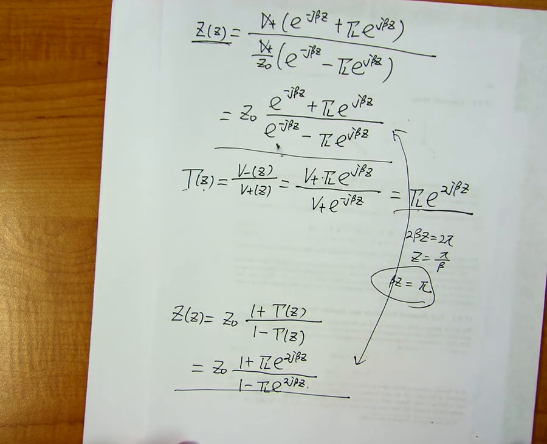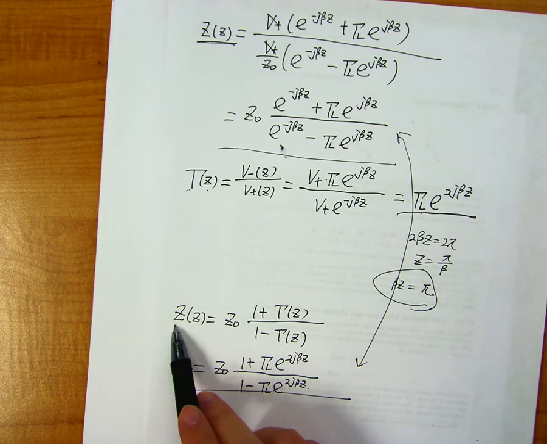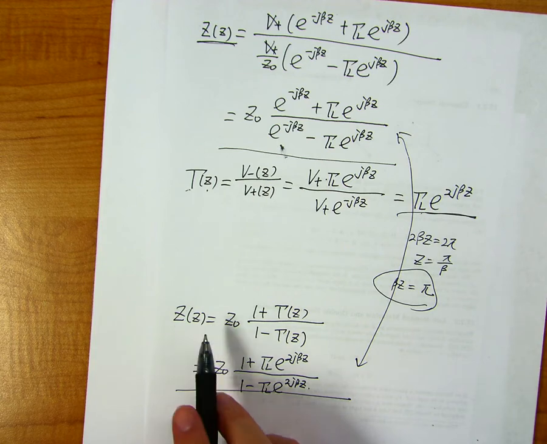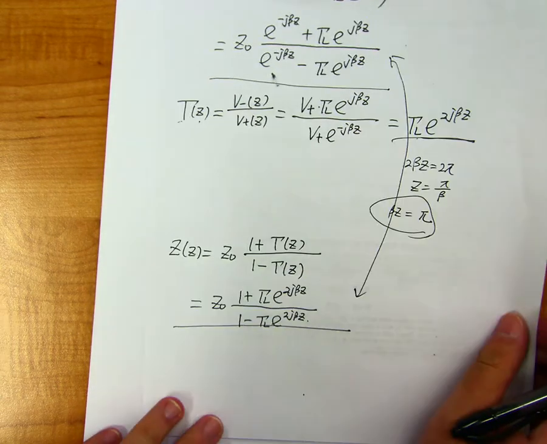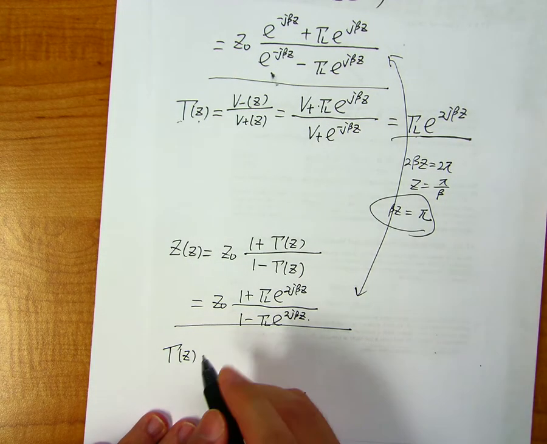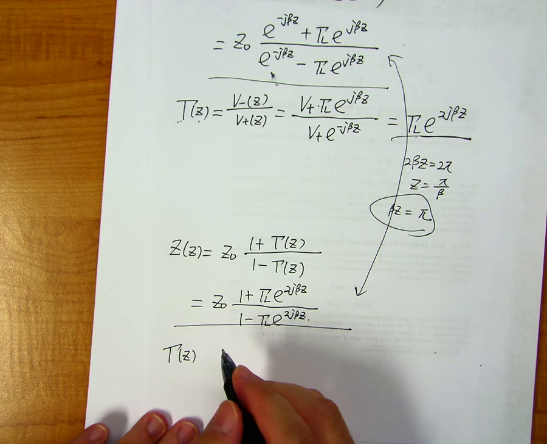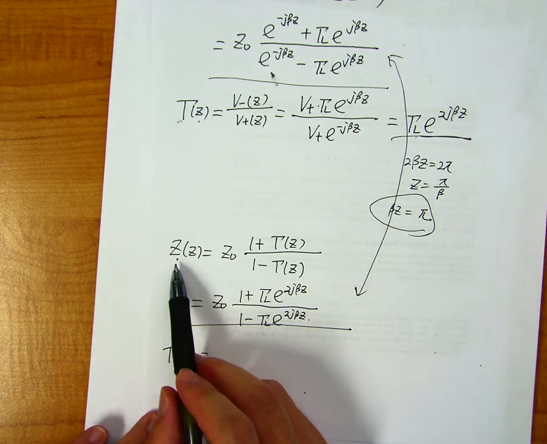Okay, which means once we have the reflection coefficient gamma z or gamma L, we can get the input impedance at an arbitrary point Z of z. And also we can express the reflection coefficient at an arbitrary point in terms of the input impedance at that point.